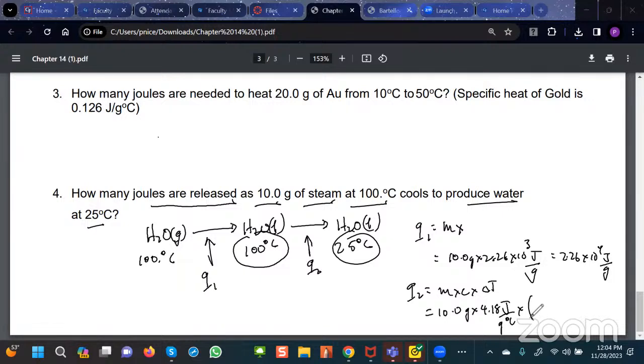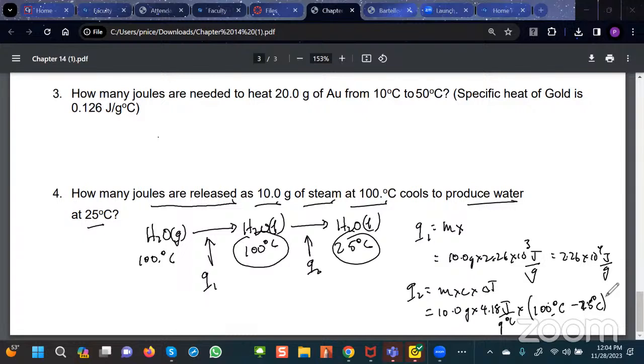What's delta T? 75. Right, 100 degrees Celsius minus 25 degrees Celsius, which gives you 75, right? So 75 times 4.18 times 10.